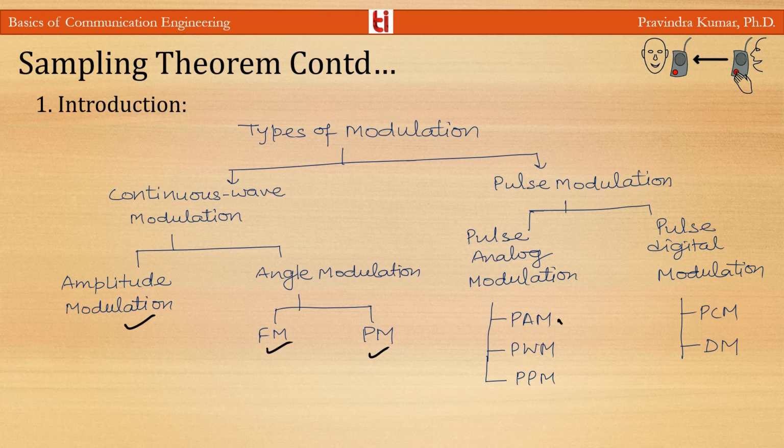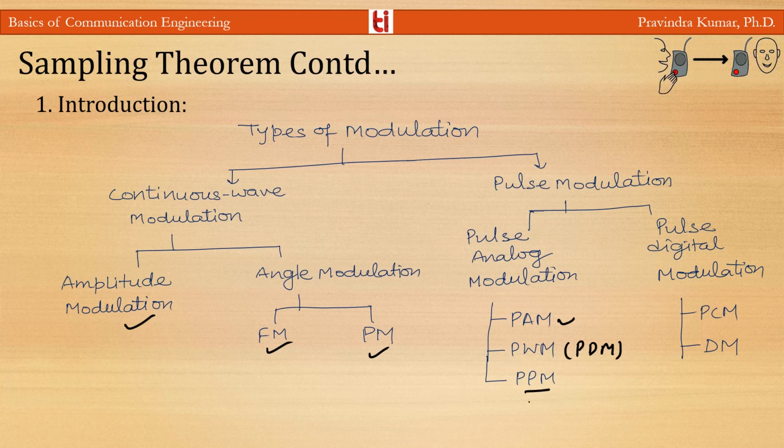There are different methods that one can adopt for representing the sampling values and transmitting them to the receiver. In this technique, a periodic sequence of rectangular pulses is used as a carrier wave and gives rise to different pulse modulation schemes like pulse amplitude modulation PAM, pulse width modulation, or you can say pulse duration modulation, and pulse position modulation PPM.